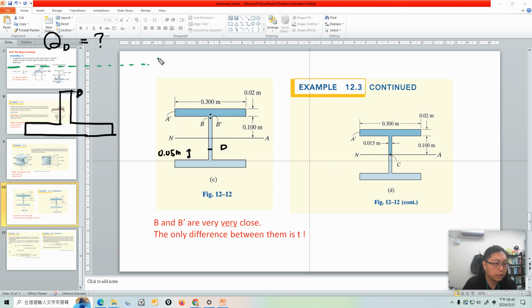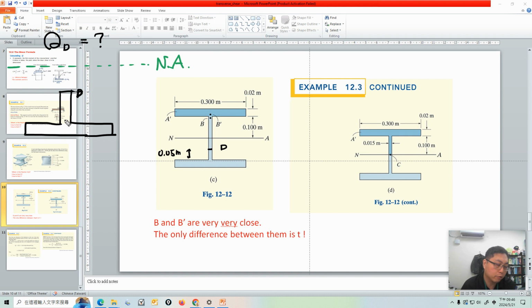We calculate the first moment of area below the point of interest, and below it right now we have a reverse, or upside down, T shape.